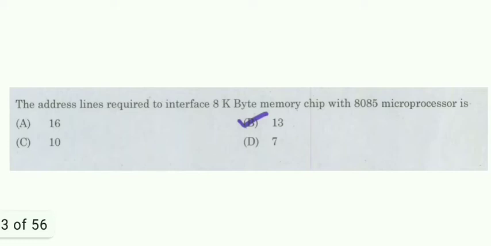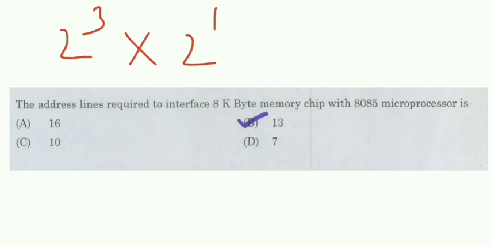Next one, the address lines required to interface 8 KB memory chips in 8085 microprocessor. So we have to interface 8 KB. 8 KB means 2 power 3 is 8, K means kilo, it is 2 power 10, byte means 2 power 3.